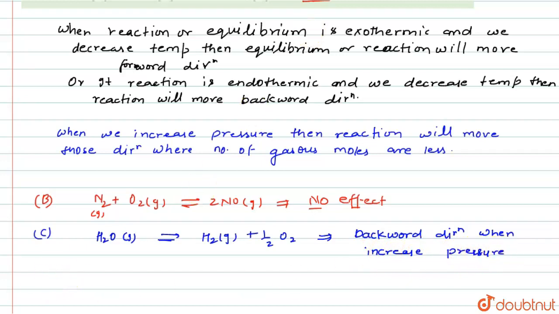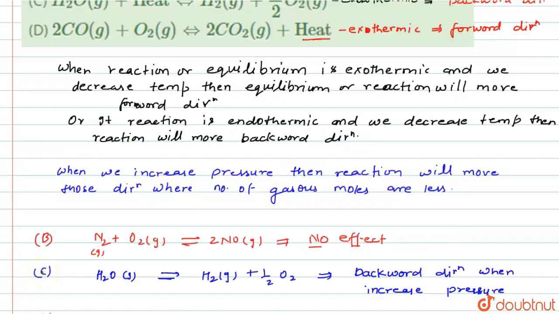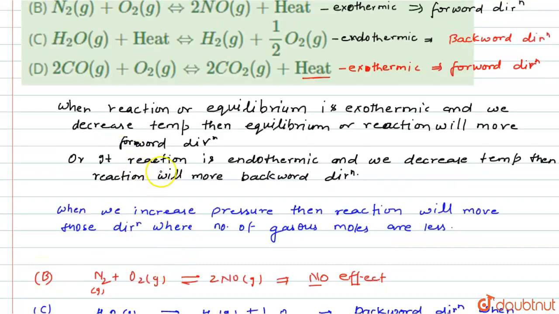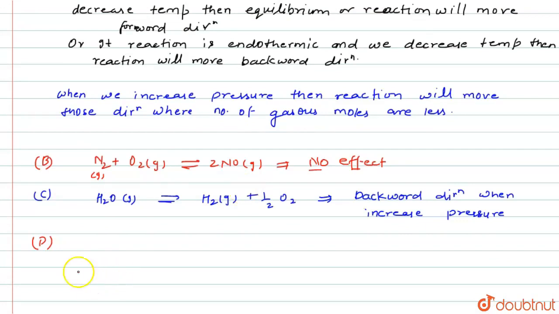In the D reaction, the last reaction, 2CO plus O2 gives 2CO2 plus heat. On the reactant side there are 3 moles, 2CO plus O2, both gases, and on the product side 2CO2 gas, there are 2 moles.